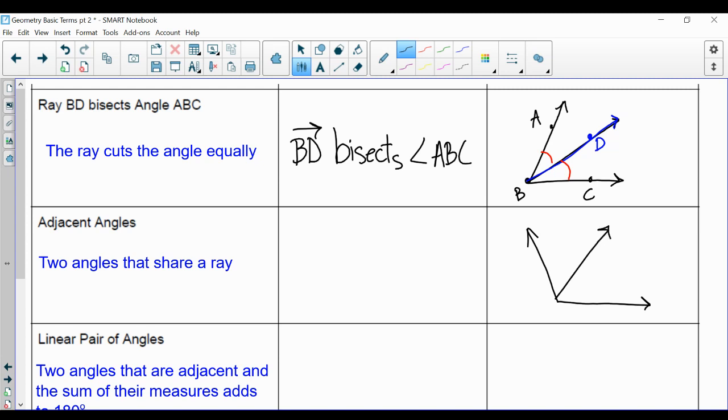And one thing I didn't say about naming angles, you could name angles with numbers as well. So here I have angle 1 and angle 2. I could say angle 1 and angle 2 are adjacent angles.